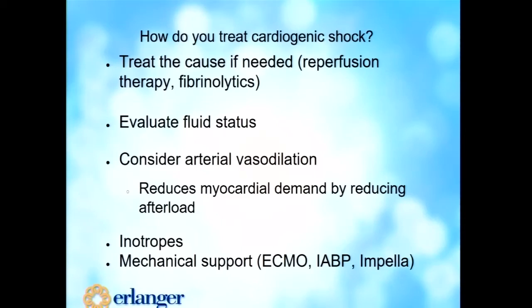Before I would consider an inotrope, the first thing I would do is look at arterial vasodilation with agents like nitroglycerin or nitroprusside, to reduce the demand on the heart by reducing your afterload. But the issue is that some patients have really soft blood pressure, and so that may not be the best idea.